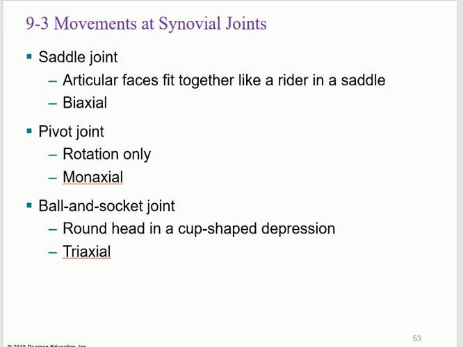Pivots, I talked about that. It allows rotation. Ball and socket. Do you remember the ball and socket? What are the examples in the skeleton that we did? Humerus, the head of the humerus specifically with glenoid cavity. What's the other ball and socket? The head of the femur and acetabulum, right?